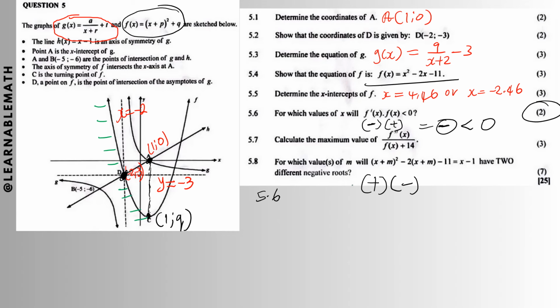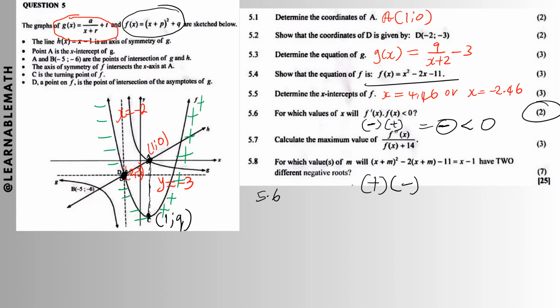Then when we go up from this point, your f prime of x, or the first derivative, will be positive. That is, the graph will be increasing, right? So I can just represent that using positive. Okay, so now you know where your f prime of x is negative and positive.